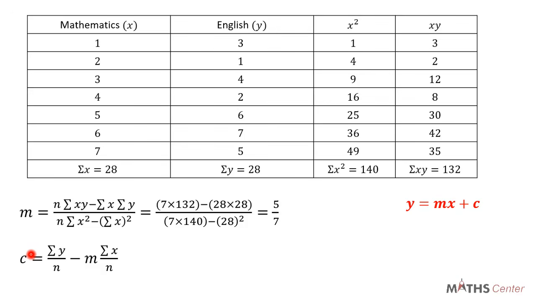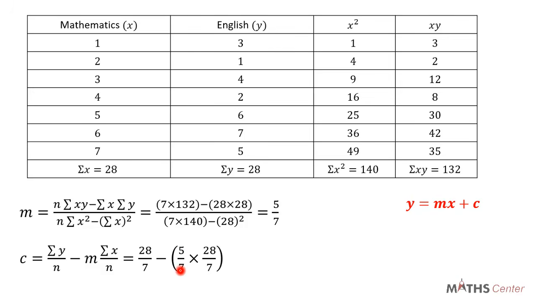Now we need c. c will be equal to sigma y divided by n minus m sigma x divided by n. From the table, sigma y is 28. We divide by n, which is 7. Then minus m, we have found out to be 5 divided by 7.